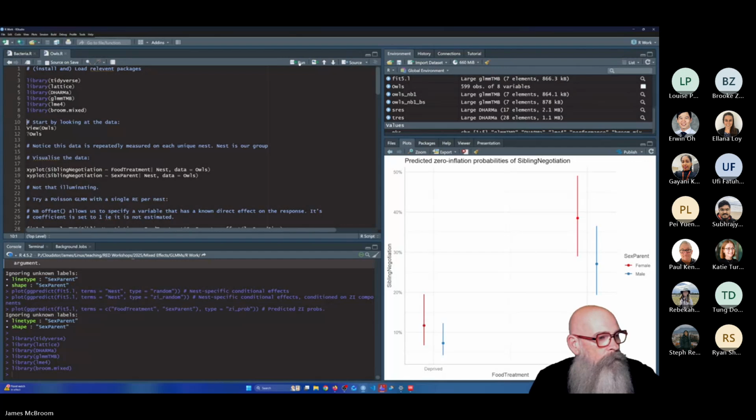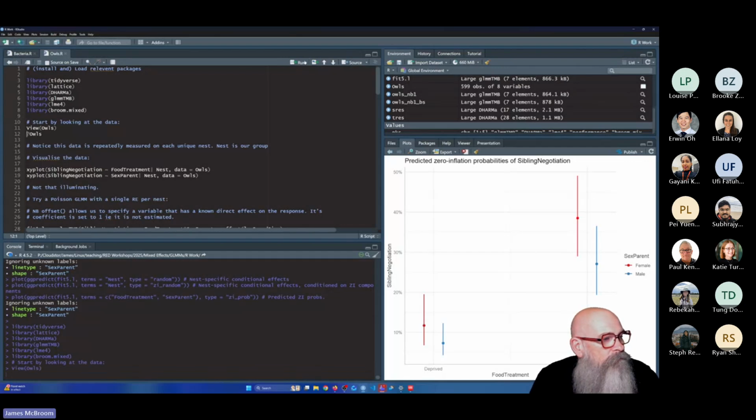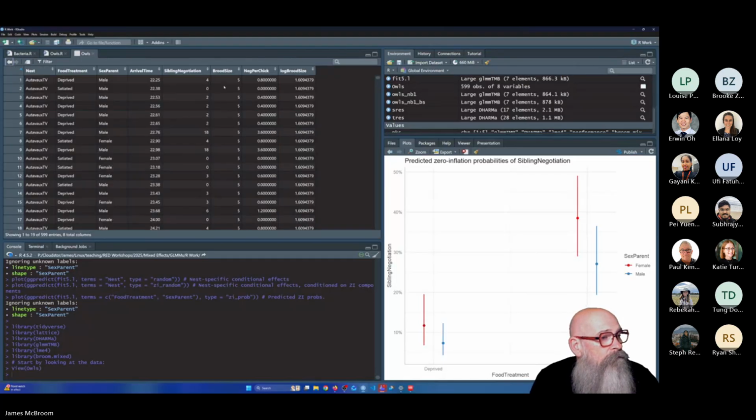Okay? All right, so the first thing is let's take a look at the data by viewing it. So we've got a nest ID. What we've got here is repeated measures on owl nests, barn owl nests. We've got a nest ID variable that we use to keep track of which group we're talking about.